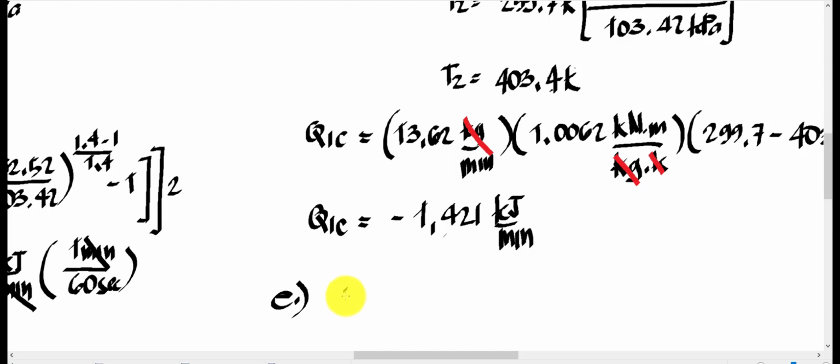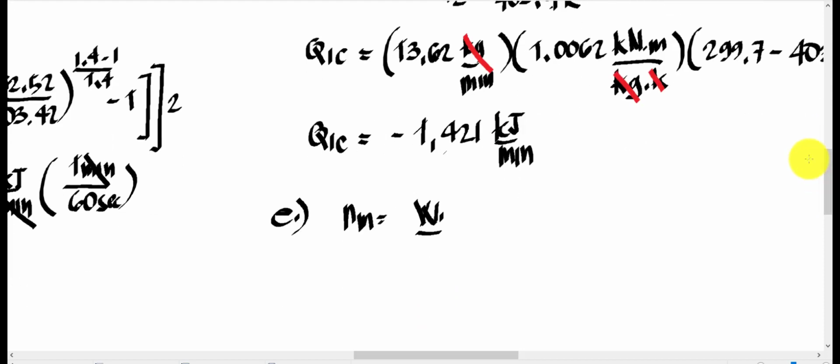So our mechanical efficiency will be equal to the indicated work, that is the work produced by the cylinder, divided by the brake work or the work of the shaft. So what we'll need is the brake work or the work of the shaft. So the brake work is equal to the indicated work divided by the mechanical efficiency.